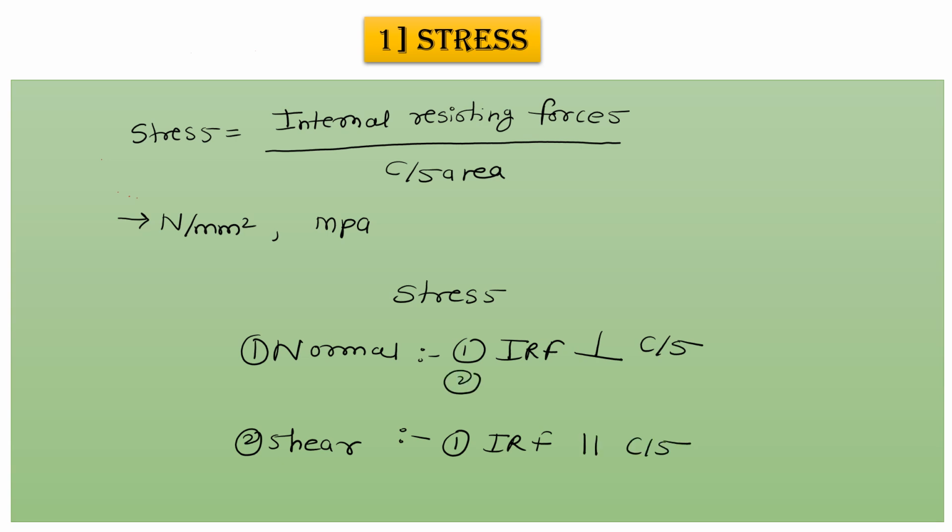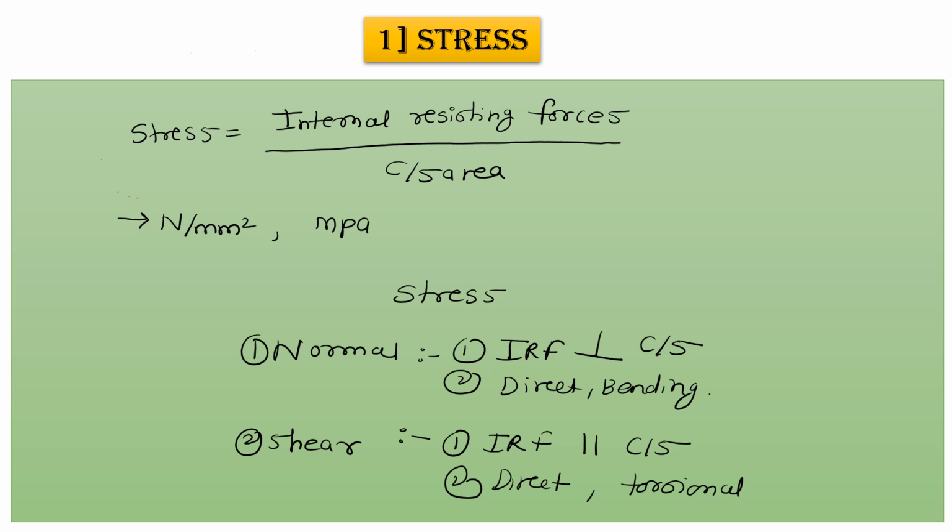Normal stress is divided into two types: direct normal stress and bending normal stress. Similarly, shear stress is divided into two types: first is direct shear stress and second is torsional shear stress.